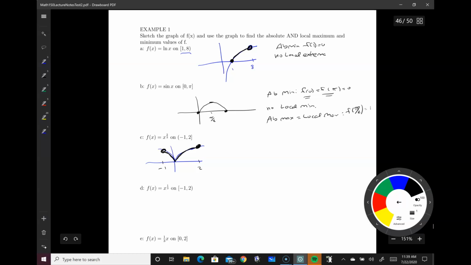I can see there is an absolute min, and that's the same as the local min, occurring at f of 0 at the y value of 0 right here. As far as an absolute max, that's occurring at f of 2. This is a filled in y value. There is no local maximum because there's no peak, no area around which there's a highest y value.